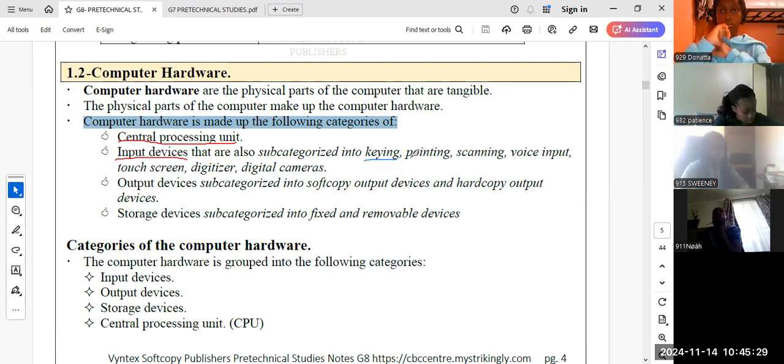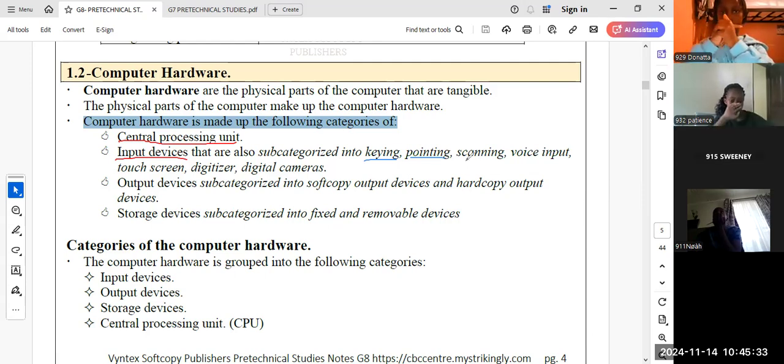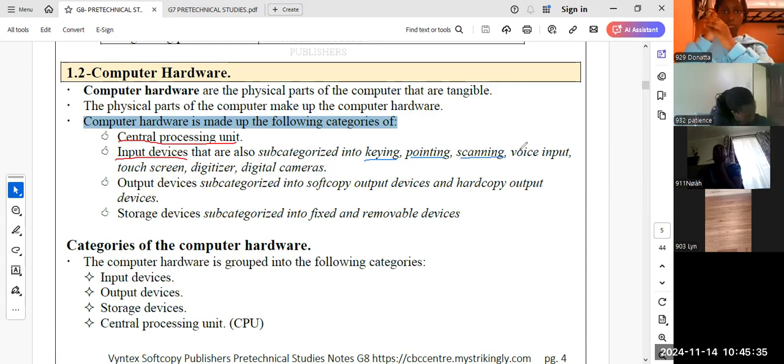We have the pointing devices, which are used to point. We have the scanning devices, the voice input devices, the touch screen, the digitizer, and the digital cameras. These are the subcategories of computer input devices.